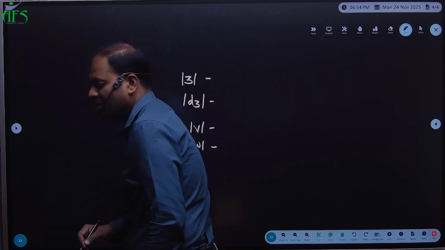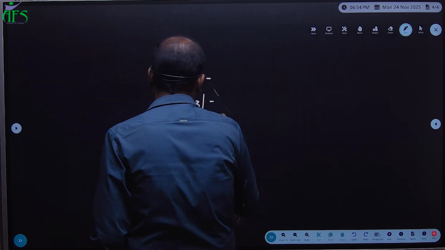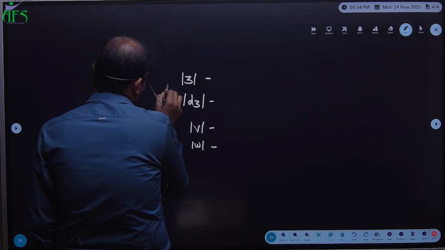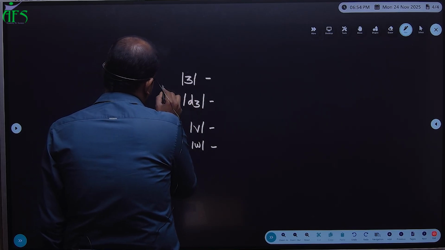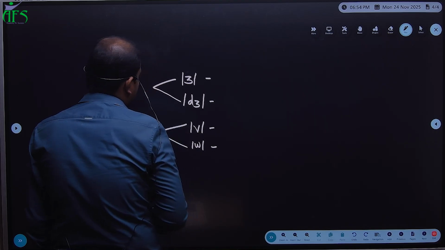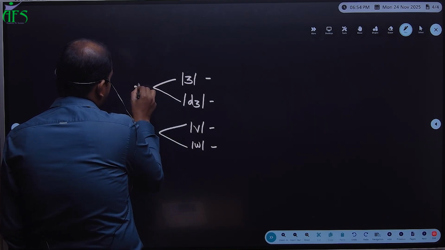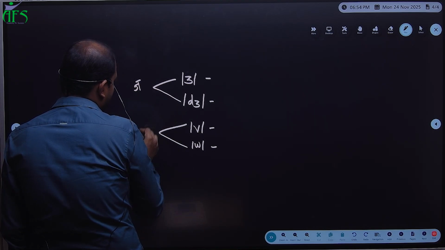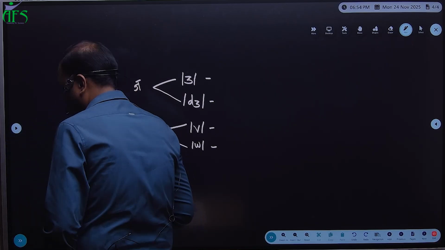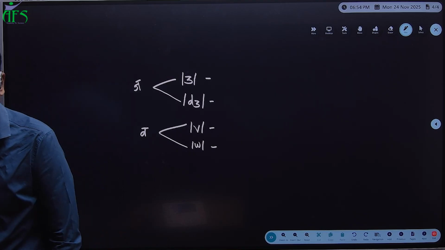What is the difference between the first two sounds? In Marathi, we have only one sound for this pair, and even for this, we have only one sound. But in English, you will have two.